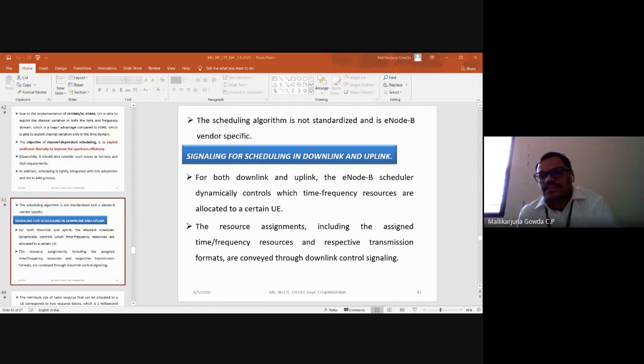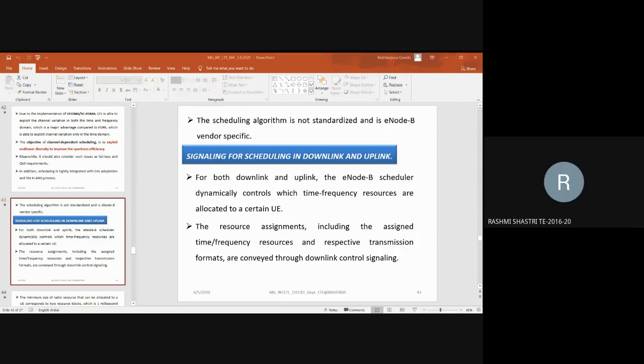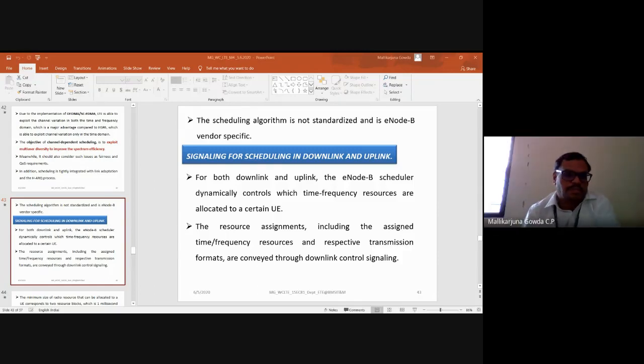These are the resources. So frequency, power, and bandwidth need to be utilized as efficiently as possible. That is the main purpose of scheduling and resource allocation.